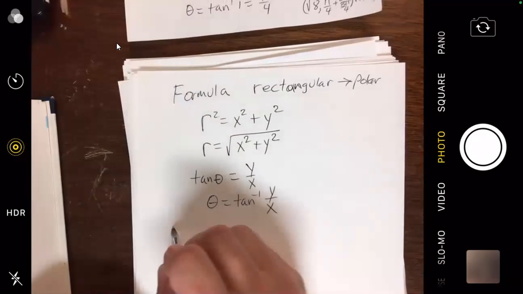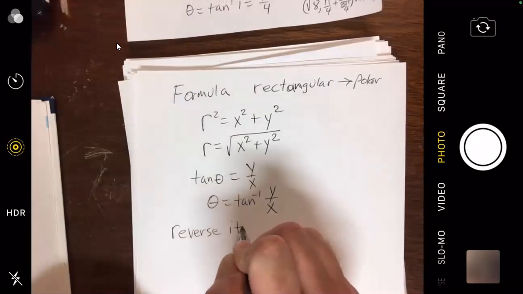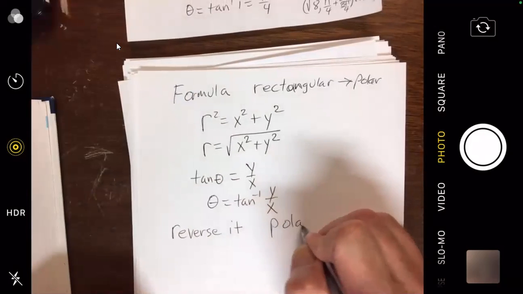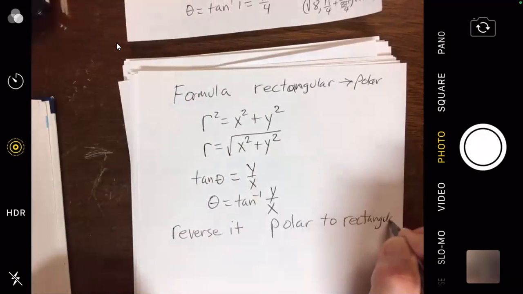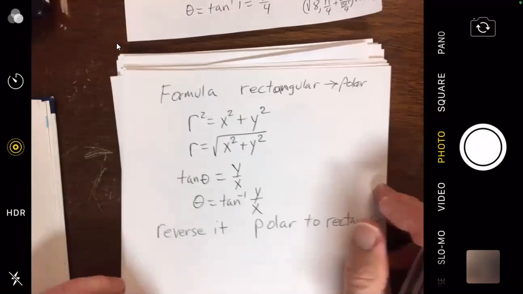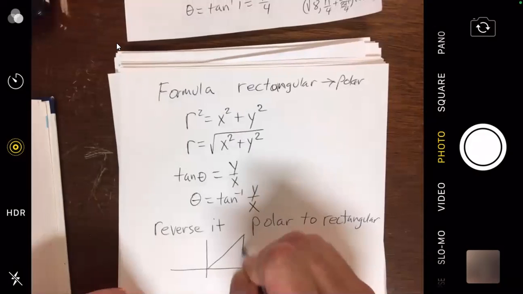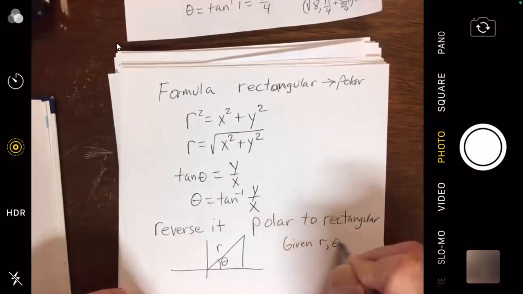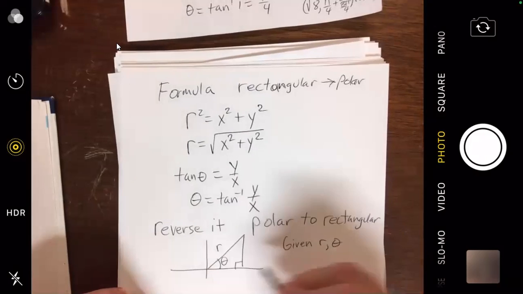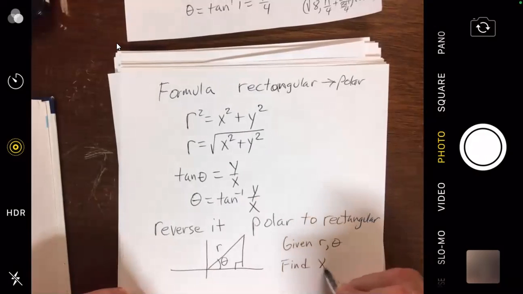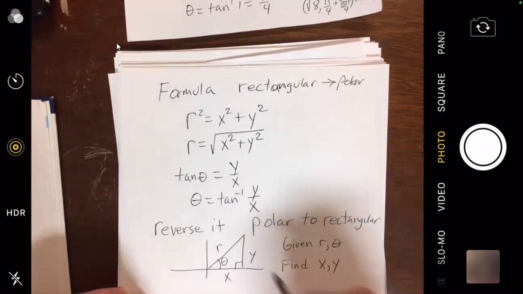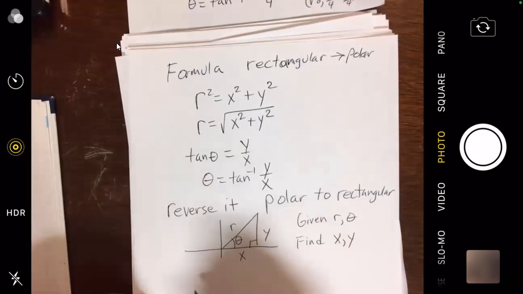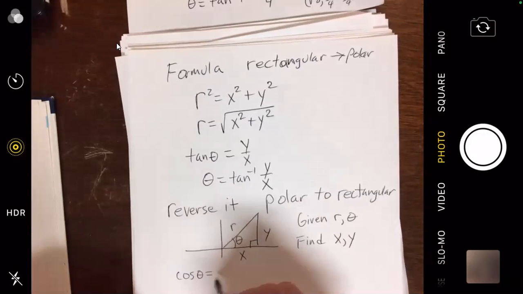But you can reverse it. That's called polar to rectangular. So if I am given R and theta, find X and Y. Well, can you see that cosine theta is X over R, adjacent over hypotenuse?